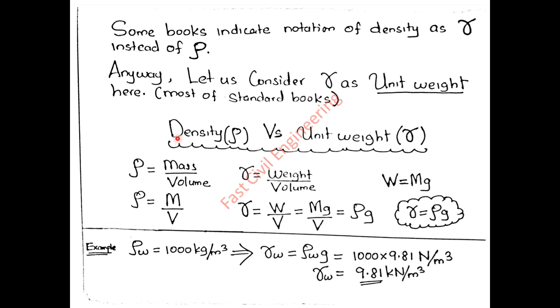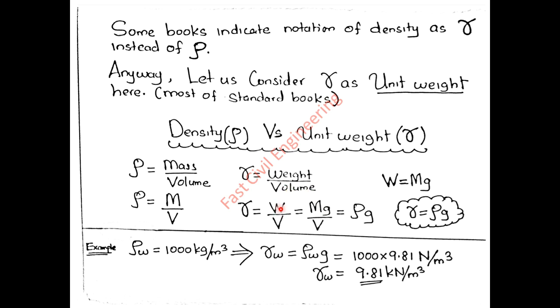Okay, what is the difference between density and unit weight? Rho versus gamma. Check. Rho is equal to mass over volume, M over V. Gamma is equal to weight over volume, or force over volume, W over V. W is equal to mg, mass into gravitational acceleration.